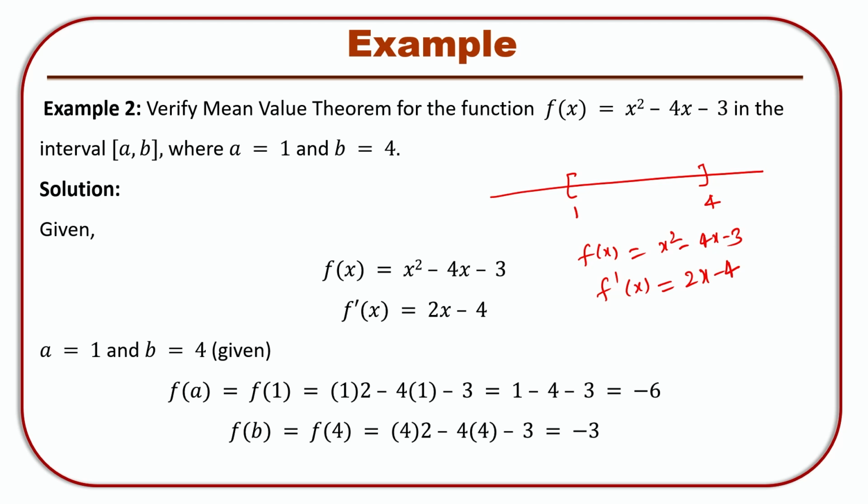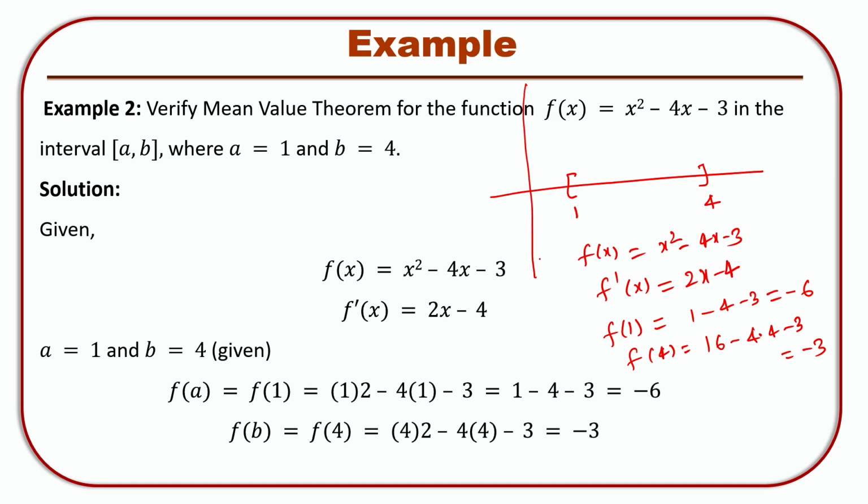Now I have to find the end point values. f(1) is equal to 1 minus 4 minus 3 is equal to minus 6, and f(4) is equal to 16 minus 4 cross 4 minus 3 is equal to minus 3.